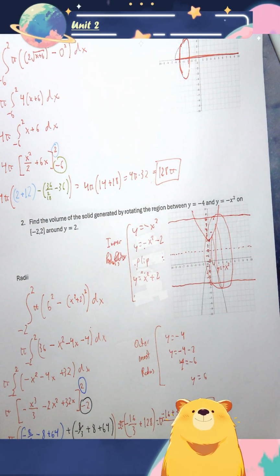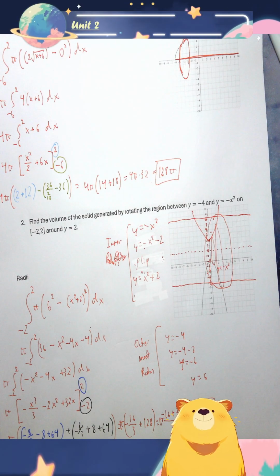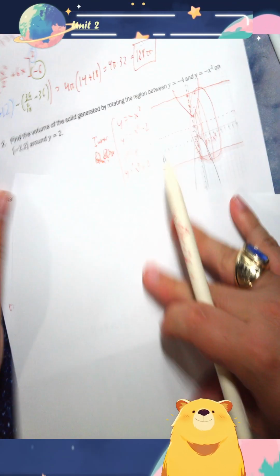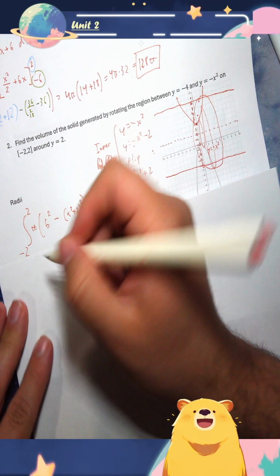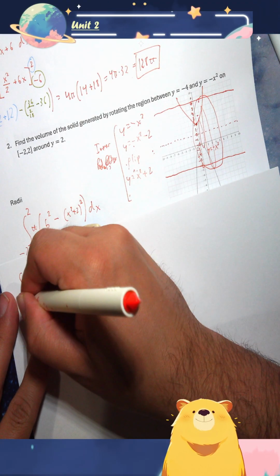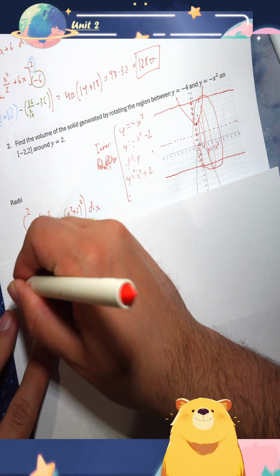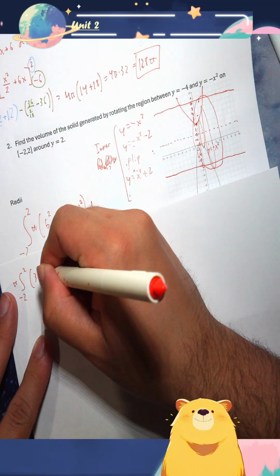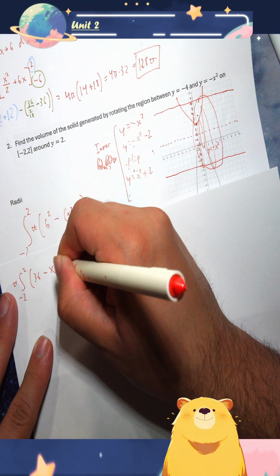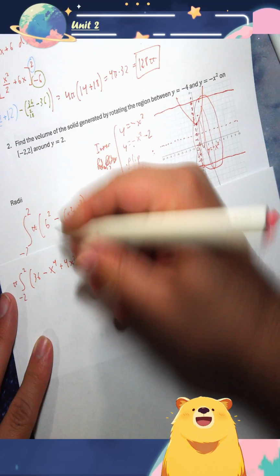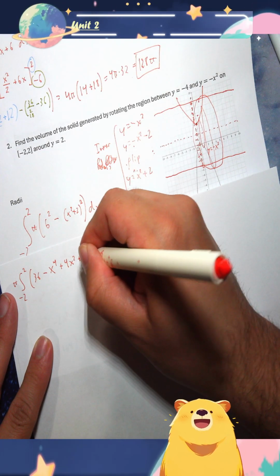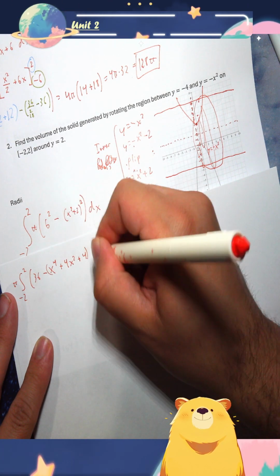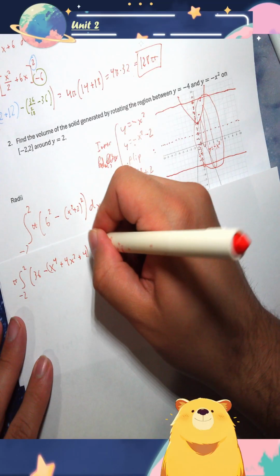Alright. Okay, so starting from here, we get pi. We get, what is that? 36 minus x to the fourth plus 4x squared and then plus 4. Or no, I forgot the minus. I'll just do it like that to be cheesy.